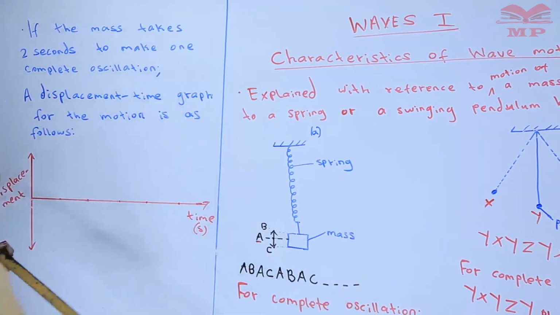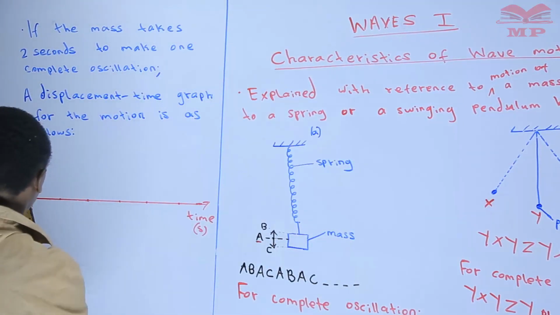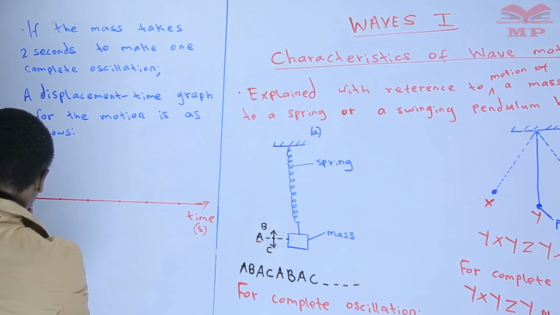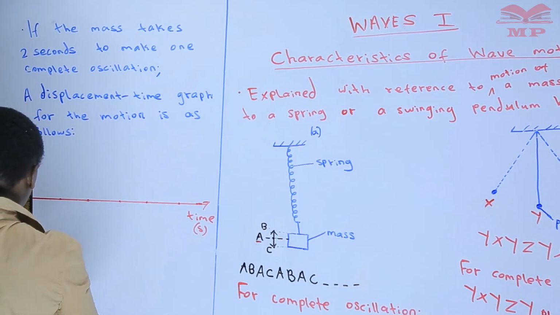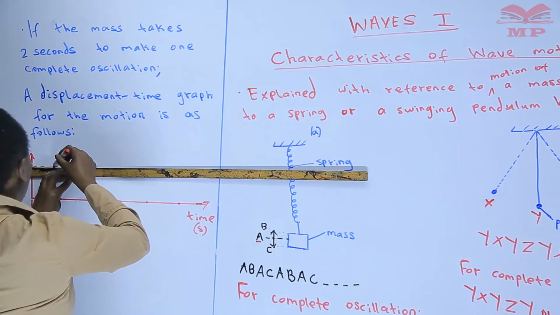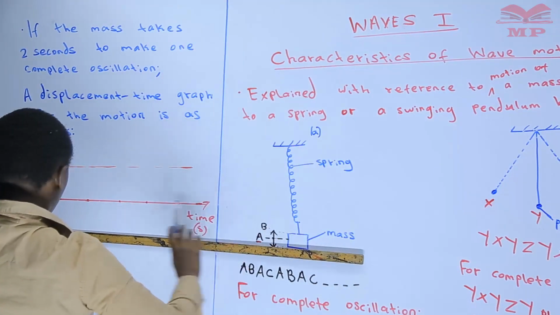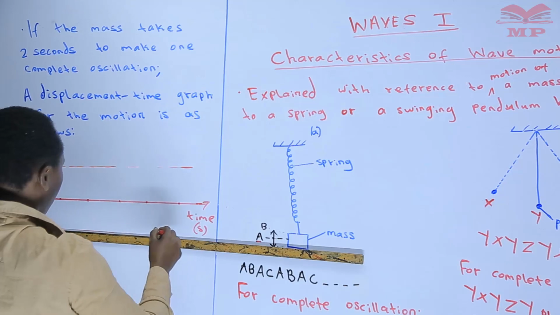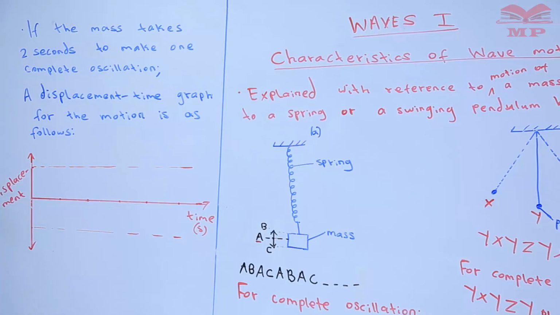Then we can mark on these two sides. We want our wave to be up to here, and on this other side, here. So this is just to guide us. So we want to plot that wave.